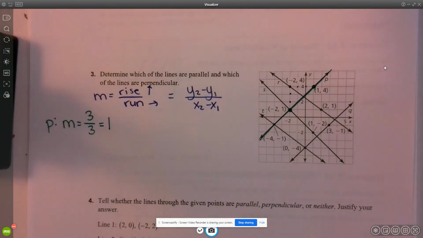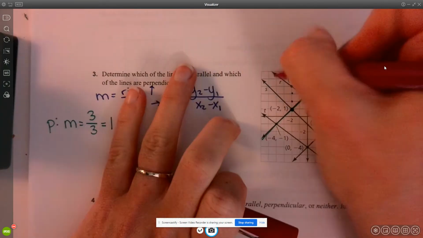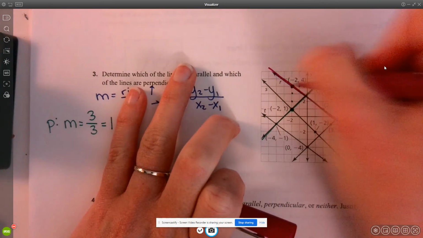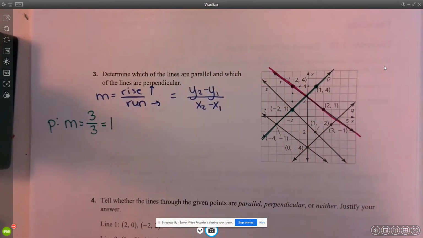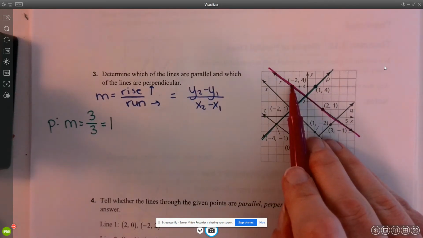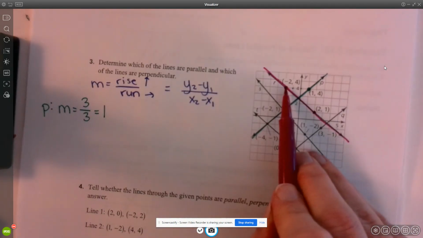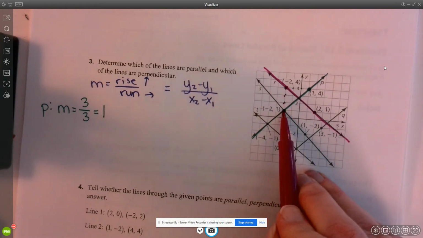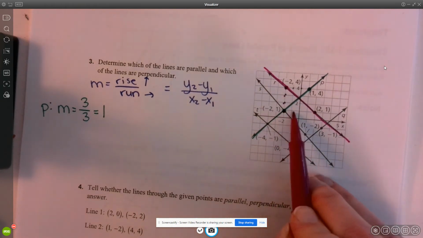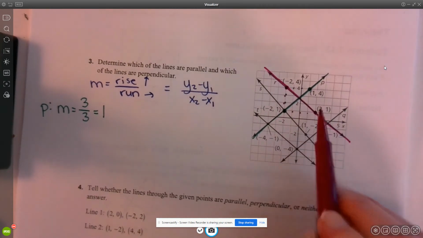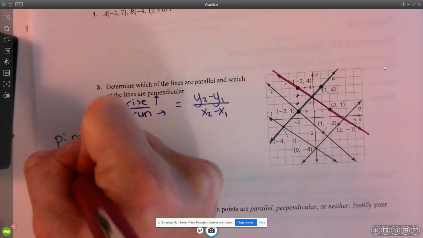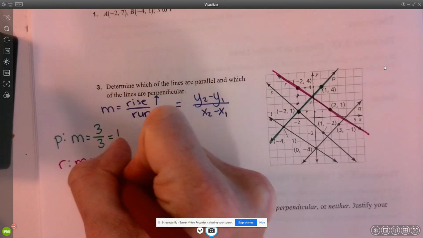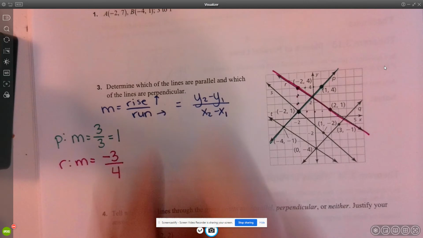Let's go ahead and find the slope of line R. So pick 2 points on line R, and I'm going to count the rise from this point to this point. So this time I'm going to count down 1, 2, 3, and right 1, 2, 3, 4. So I counted down 3, so that's a negative rise, negative 3, and right 4.